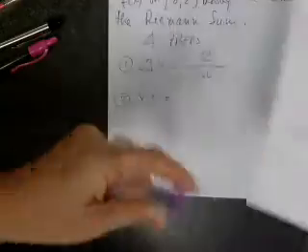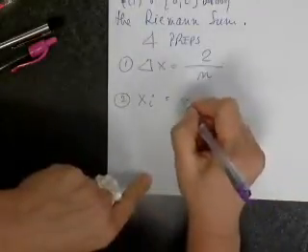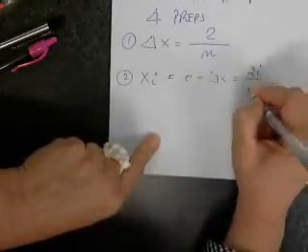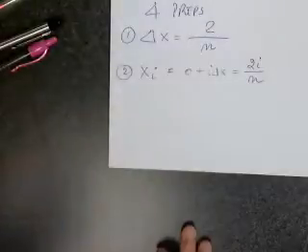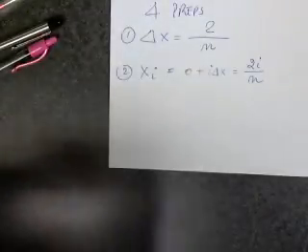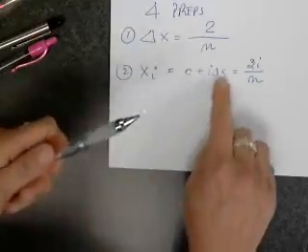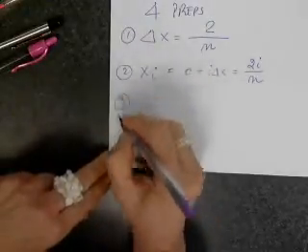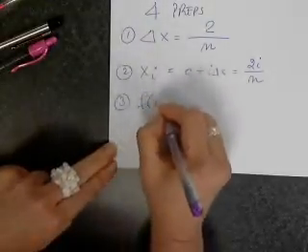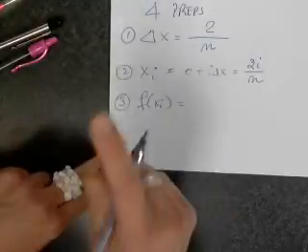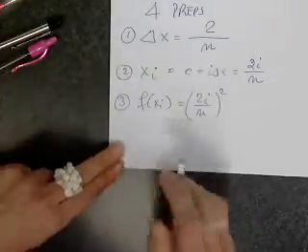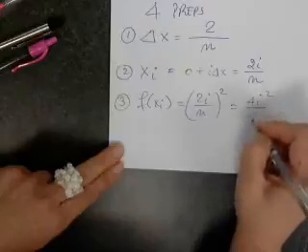So in this case it is 0 plus i delta x, which is 2i over n. This is 2 over n, and this is i, so it's 2i over n. Then f of x sub i: I have x squared, so I have 2i over n squared, which is 4i squared over n squared.